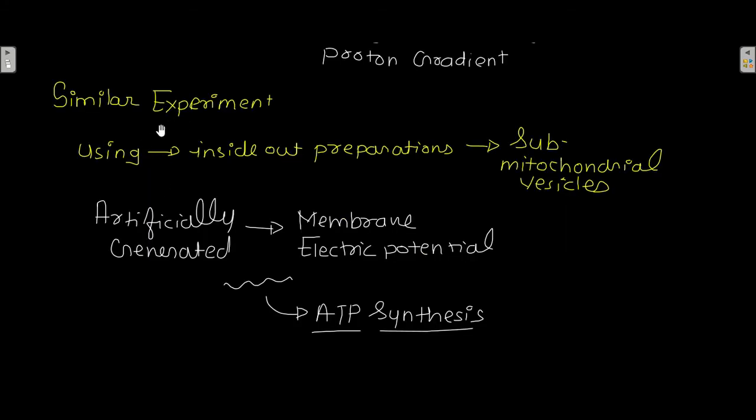In a similar experiment using inside-out preparations of submitochondrial vesicles, a membrane electric potential was artificially generated, and this resulted in ATP synthesis. So this experiment also proves the chemiosmotic theory.